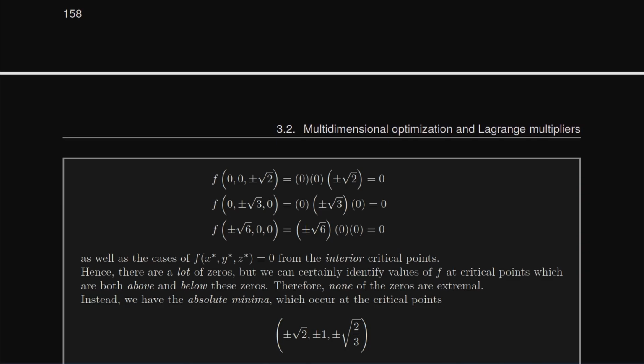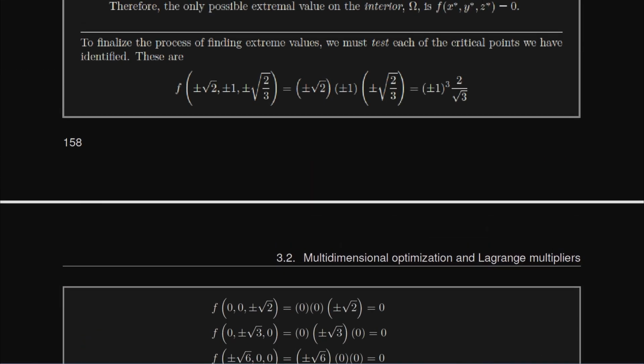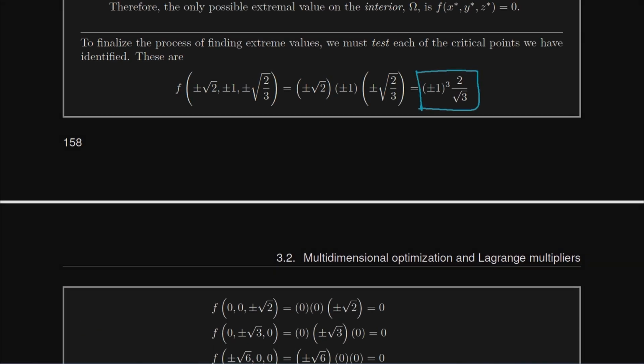And then all of the other cases of boundary critical points give an output of 0, meaning that the true maxes and mins are achieved at these points. They're not necessarily unique, because there are multiple cases of these, but the positive give absolute maxes, and the negative give absolute mins, because everything else that could possibly be a critical point is 0.